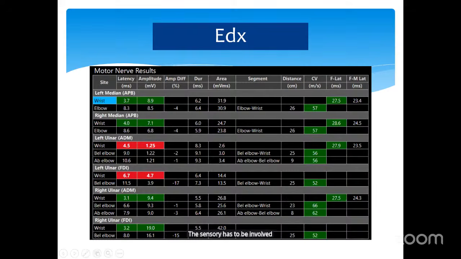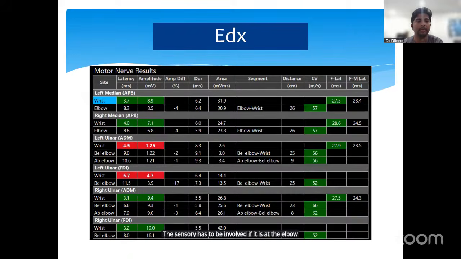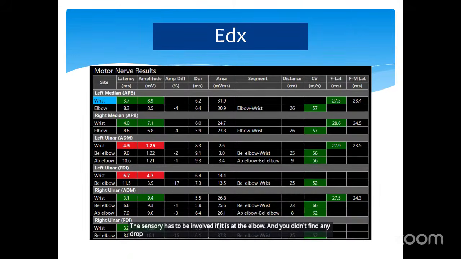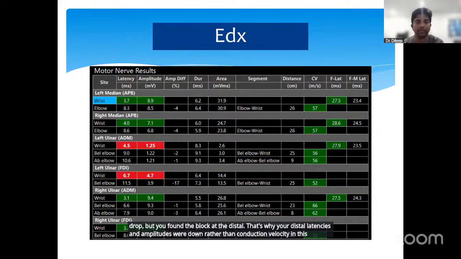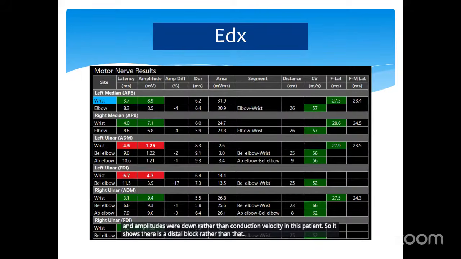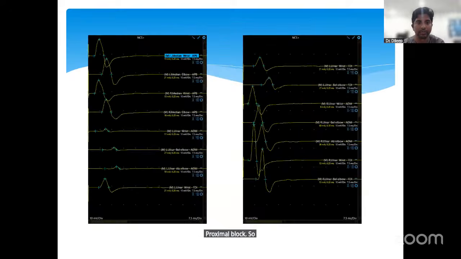Yes, ma'am. And you didn't find any drop in conduction velocity, but you found the block at the distal. That's why your distal latencies and amplitudes were down rather than conduction velocity in this patient. So it shows there is a distal block rather than a proximal block. So fine. Yes, ma'am.